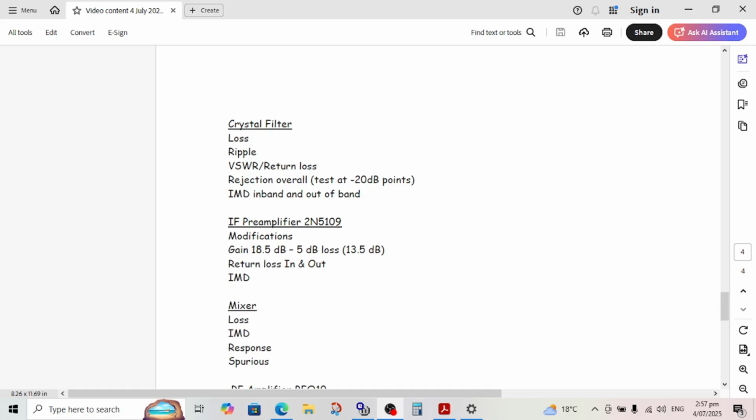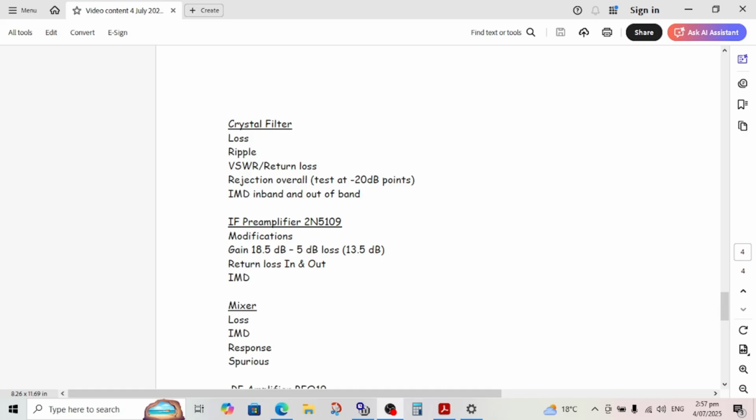Also, I will be testing for intermodulation, both in band and out of band. Both are important for out of band, primarily for the receiver performance. However, in band intermodulation is also important for both the receiver and especially the transmitter.